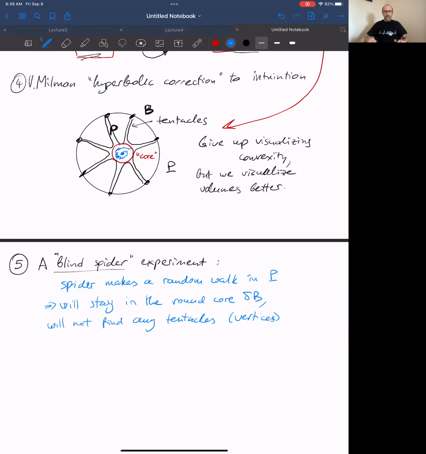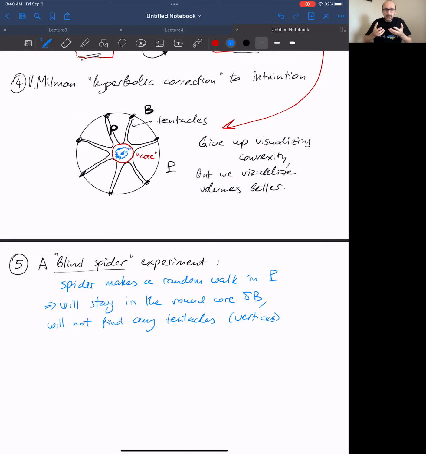Let me tell you one more thing. The spider will not even be able to tell the polytope from the round ball, from delta B. Imagine you are the spider and you're blindfolded and you can just sense the walls of this polytope. Whenever you hit the wall, you kind of come back, or maybe you do something else.